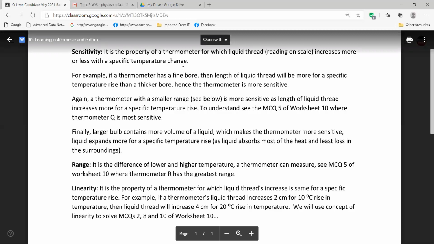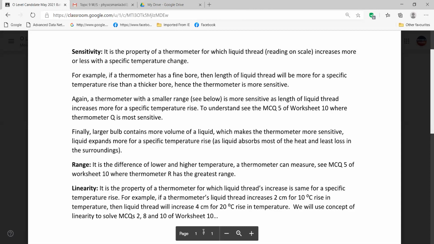Sensitivity. Okay, then I gave you one example.